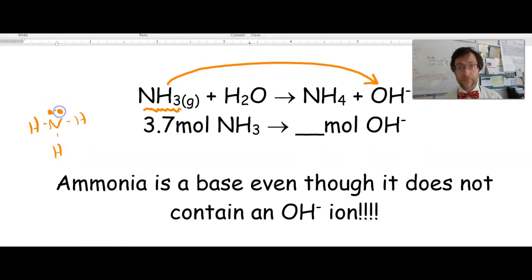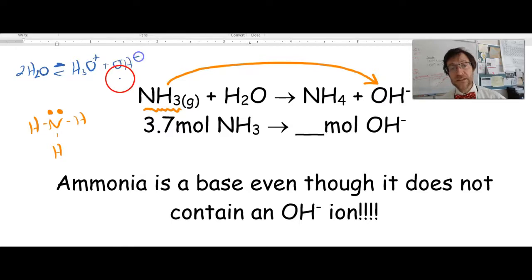Okay, so if we take that NH3 and pop it in water, let's remember that water is constantly doing this, where two waters are in equilibrium, making H3O+ and OH-. This H3O+ is effectively a hydrogen ion, a naked proton.